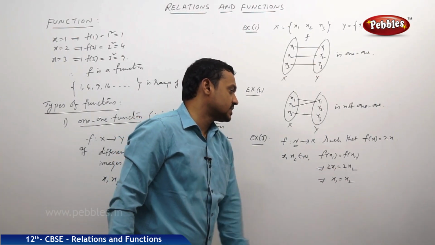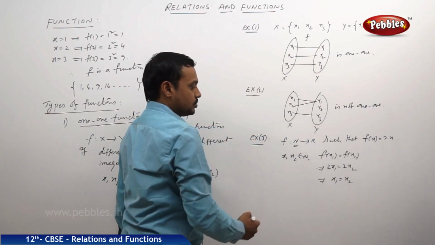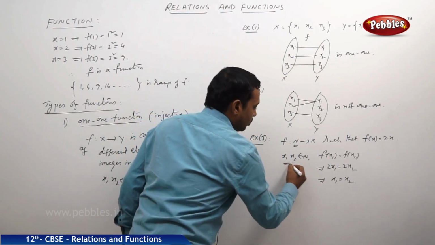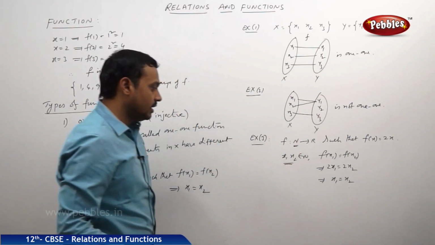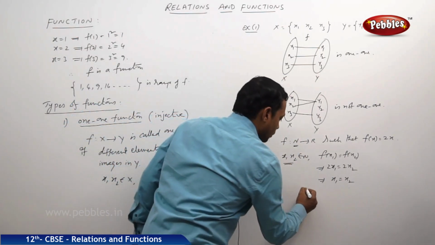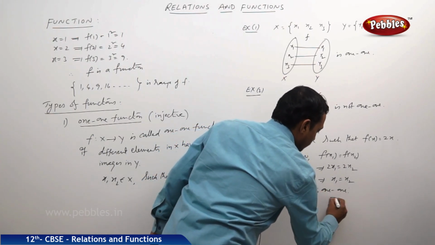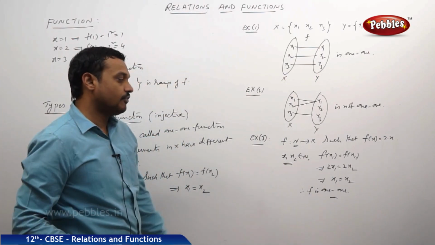Now clearly 2 cancels on both sides. This implies x1 is equal to x2. So whenever two numbers are chosen in the set N with equal function values, we get x1 equal to x2. Therefore, f is a 1-1 function.